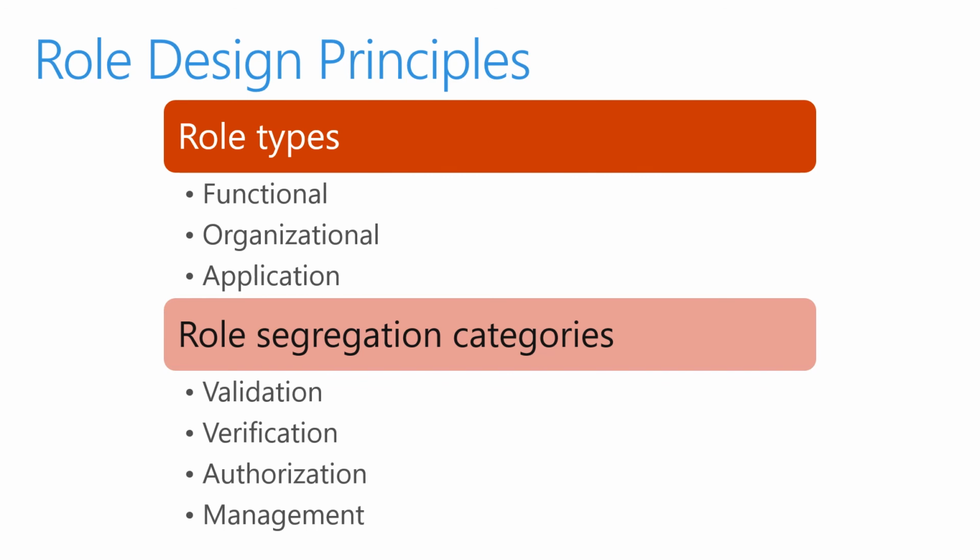Next are verification roles. Verification roles are used for users to validate the correctness of records and transactions. Authorization type roles are typically used with supervisors who authorize the processing of transactions. And management type roles are used for managers to review transactions periodically and apply changes to the setup processes as appropriate.